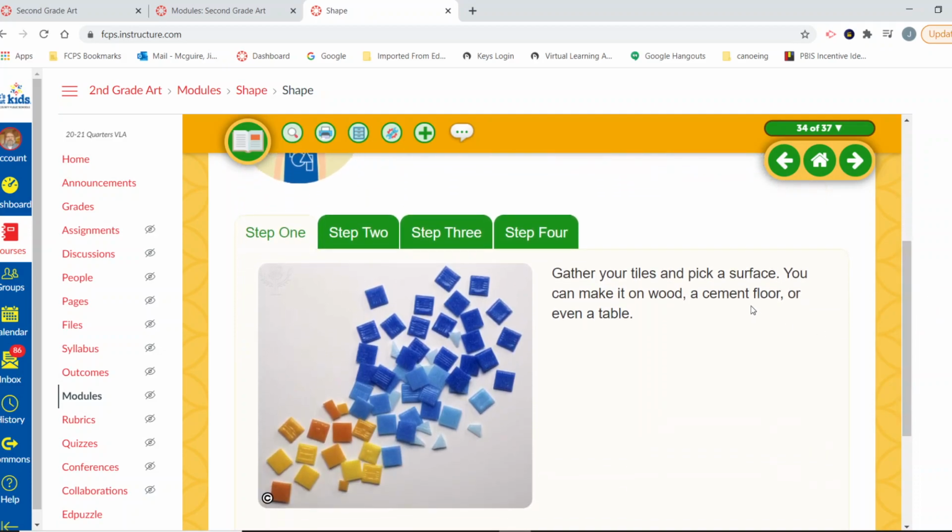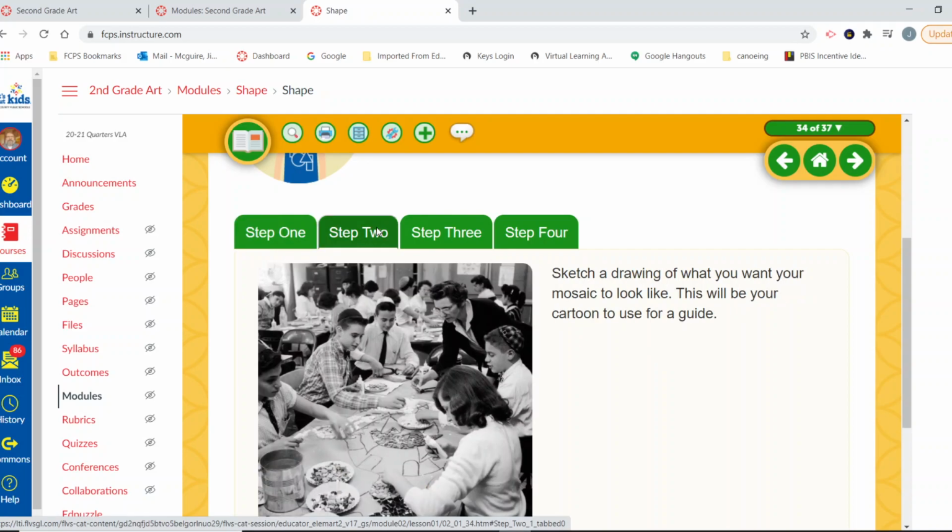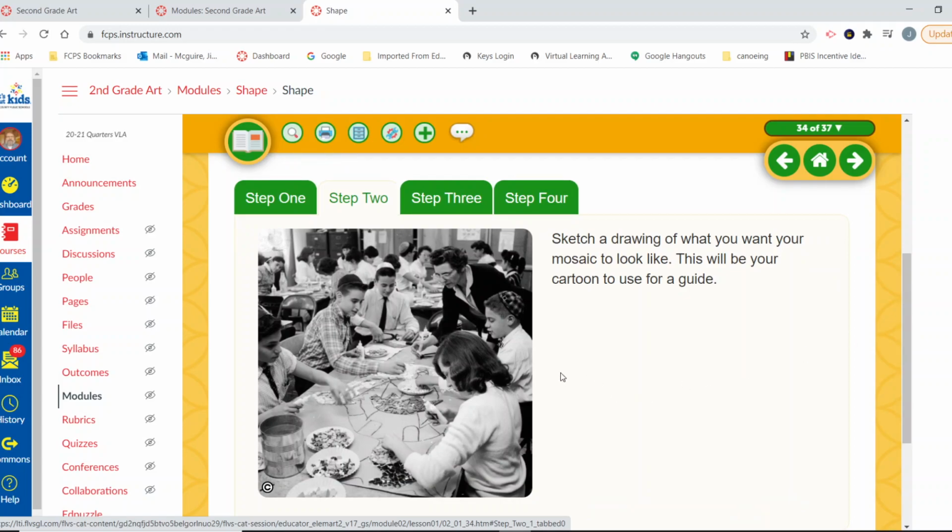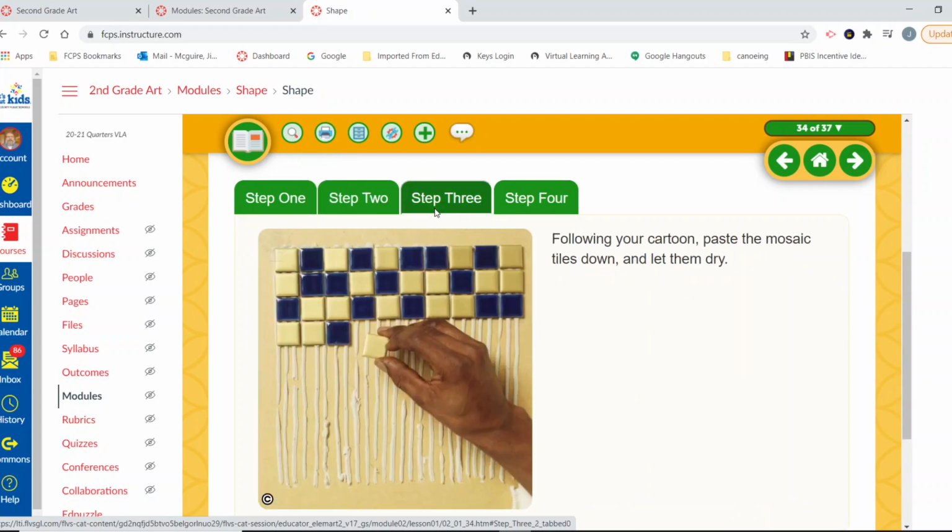First of all, you're going to gather your tiles. When you come to your Make Day, if you want to make a regular mosaic, you're going to have little squares of tiles ready to go. You're going to want to plan out. You're going to draw your cartoon and plan out where all those tiles are going to go.